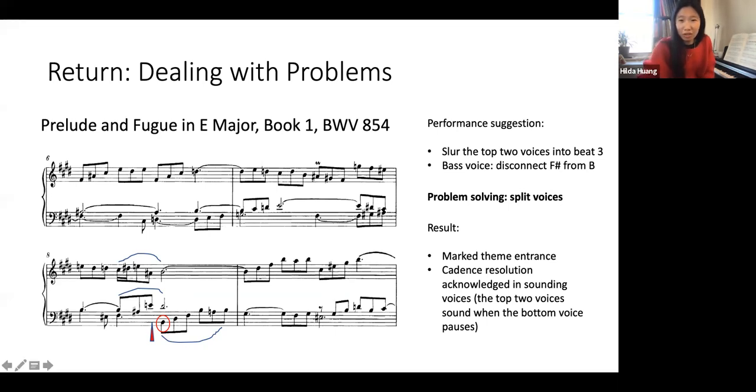I just laid it out really simply for you here on the right side: the performance suggestion, which are the literal things that I did; the problem-solving aspect of it, which is that I wanted to communicate both the elision of the cadence and the beginning of the next voice; and the result, which I think was that because of the articulation and because of the psychological properties that I told you earlier, the first note of the theme is going to appear louder because I've articulated before it.